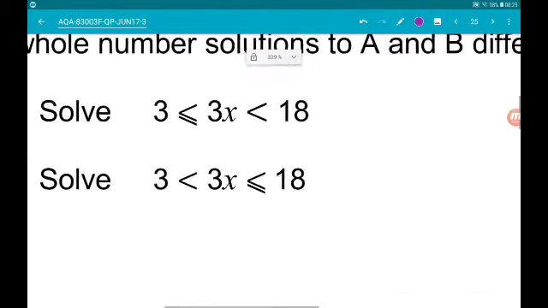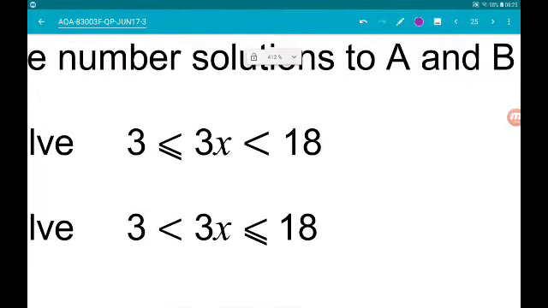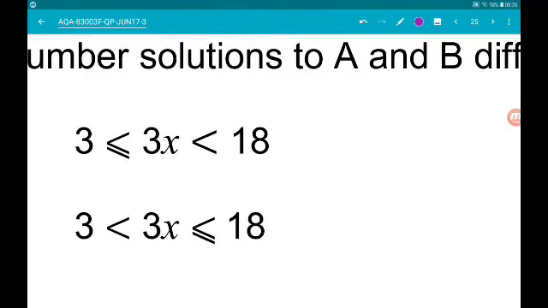Okay, so in this top one, we've got 3x is greater than or equal to 3, but strictly less than 18. Now, to get x on its own, we divide through by 3. So we get 1 is less than or equal to x is less than 6.